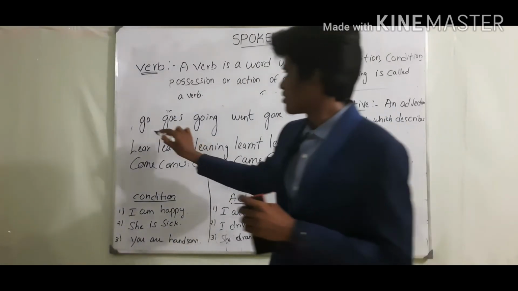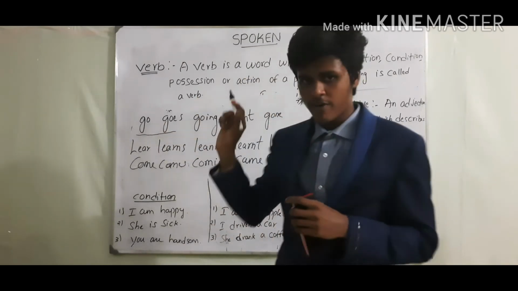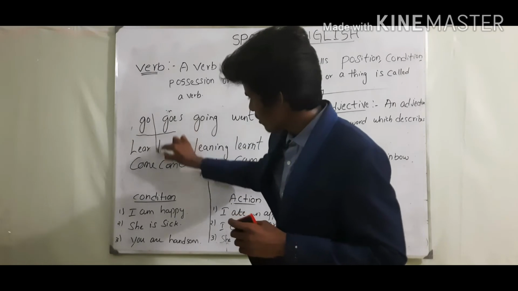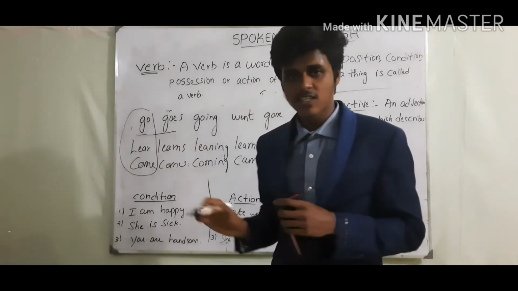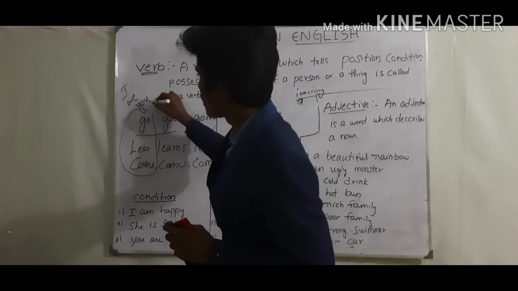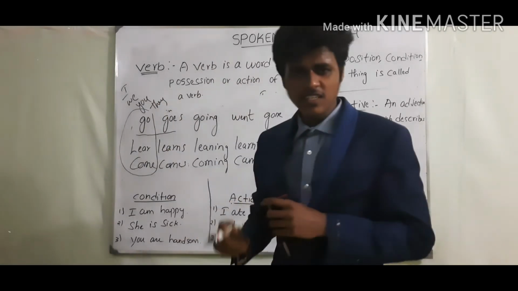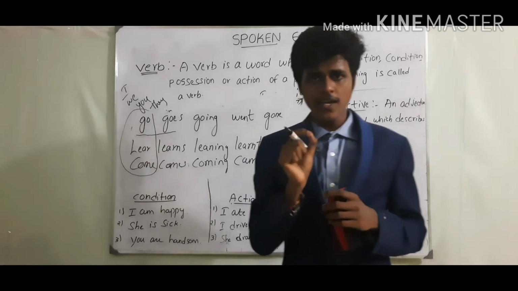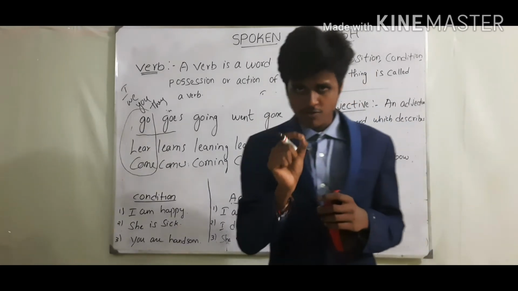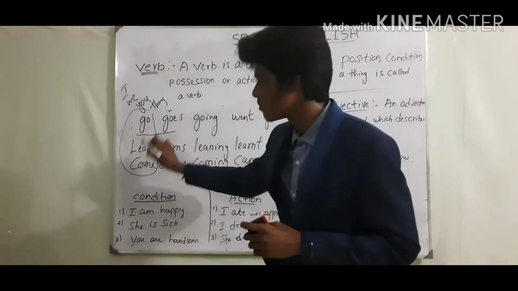The first 2 forms of a verb are called base forms. This is the base form for subjects like I, we, you, they. When a sentence starts with subjects like I, we, you, they, after that if you want to add the base form, then you should use this base form.